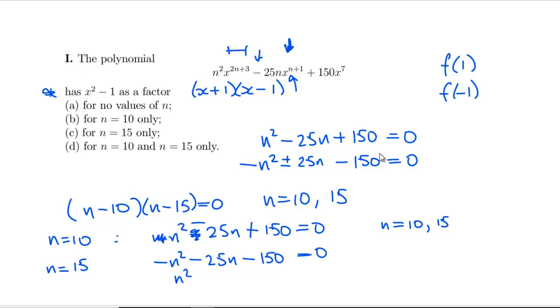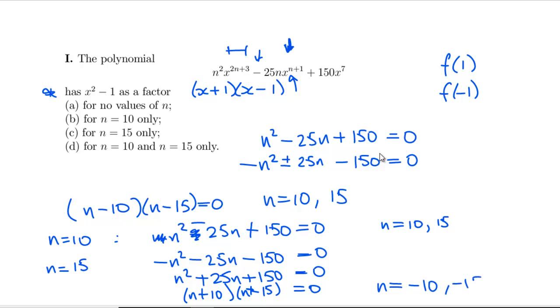So flip the sign on everything: n squared plus 25n plus 150 equals 0. So that's going to factorize as well. That'll be n plus 10 and n plus 15, equals 0, the opposite of what we had before. So that would be that n is minus 10 or minus 15.